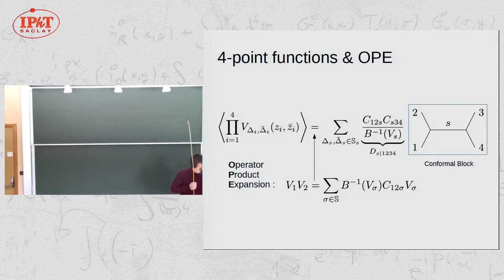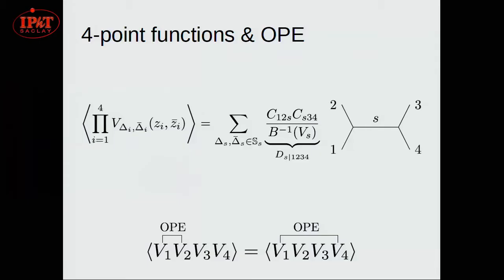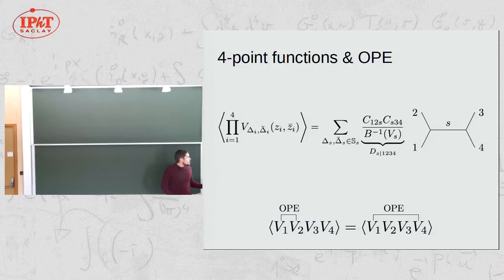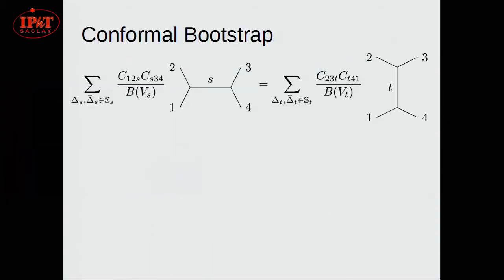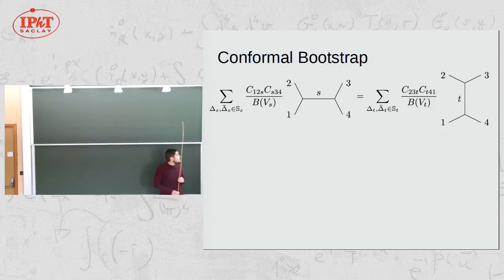One method is to try to profit from the so-called crossing symmetry condition, which means that while here we have used the OPE between the fields 1 and 2, we could have used equally the OPE between the fields 1 and 4, and thus we would have obtained a different expansion for the same function. This gives the so-called crossing symmetry constraints, which are at the heart of the conformal bootstrap approach.